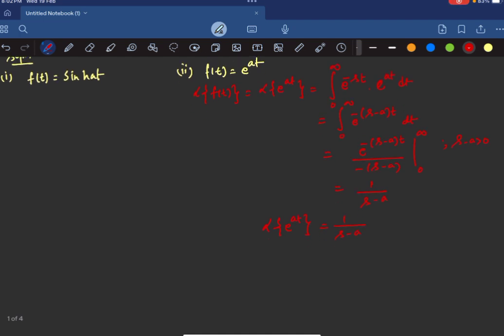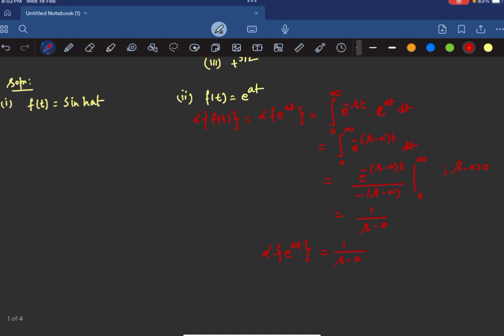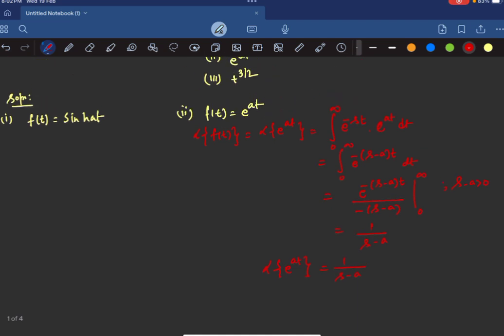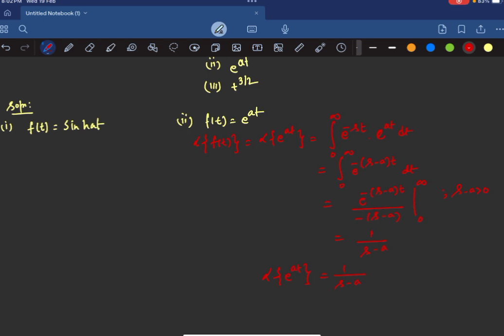Now consider this question. I want to find the Laplace transform of sine hyperbolic at, and you know that sine hyperbolic at is nothing but (e power at minus e power minus at) by 2.